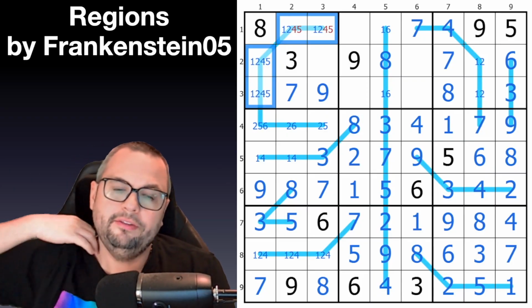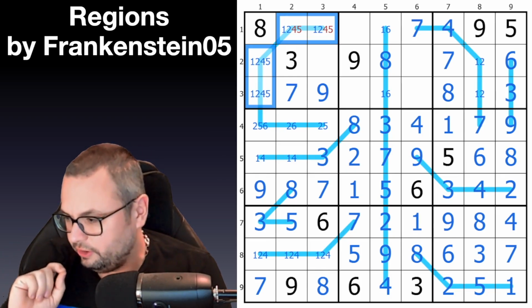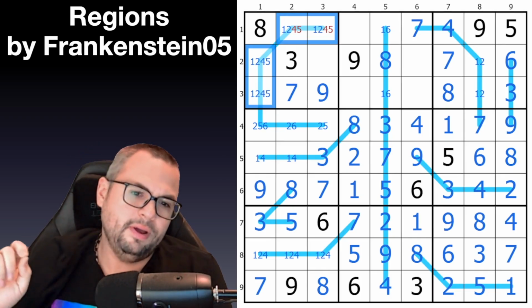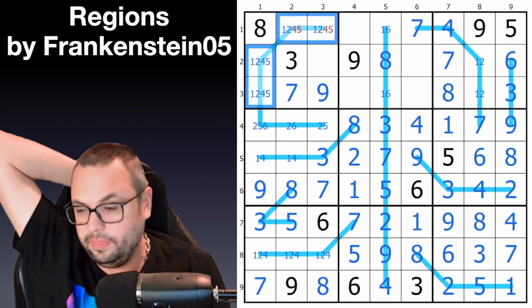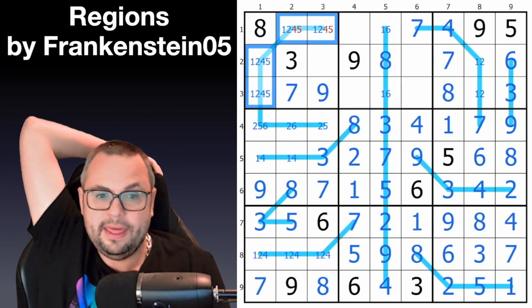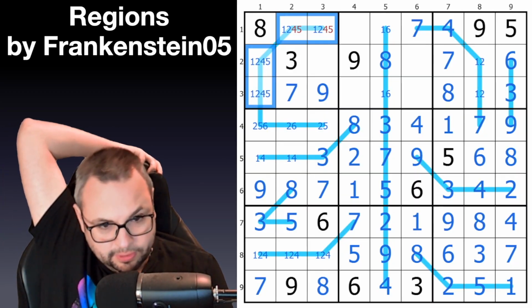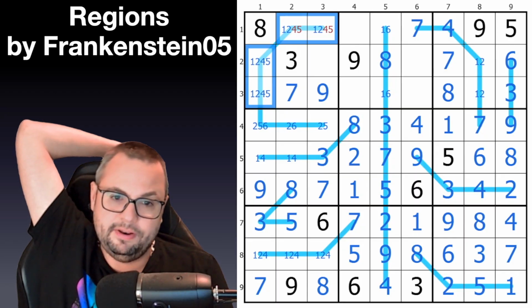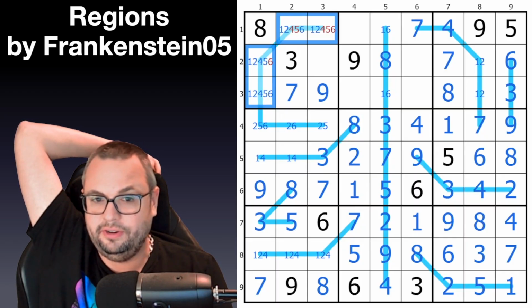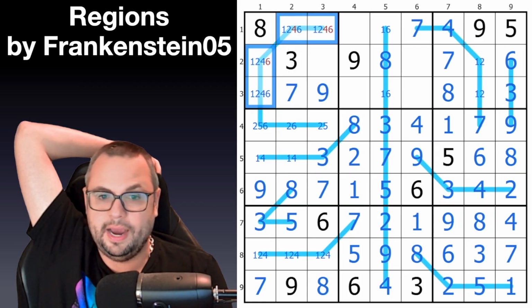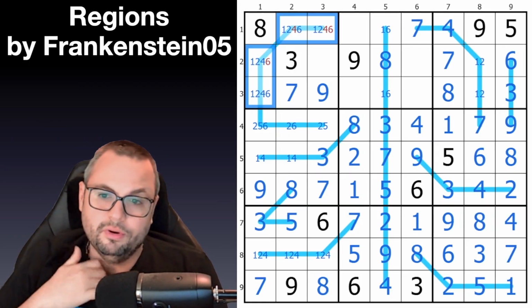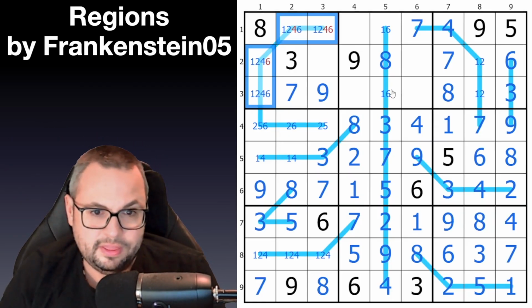But if you minimize the total and it turns out you're just 1 under, and you have a string of digits like this with the 4 and the 5, the only way that you can be just 1 under and have it be correct is to replace the highest digit that you have in your minimum with 1 higher. And so in this case, it would be 1, 2, 4, 6 is actually the best.